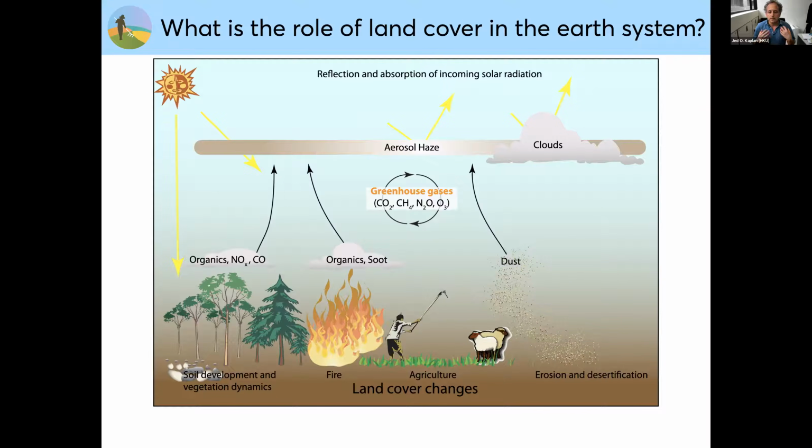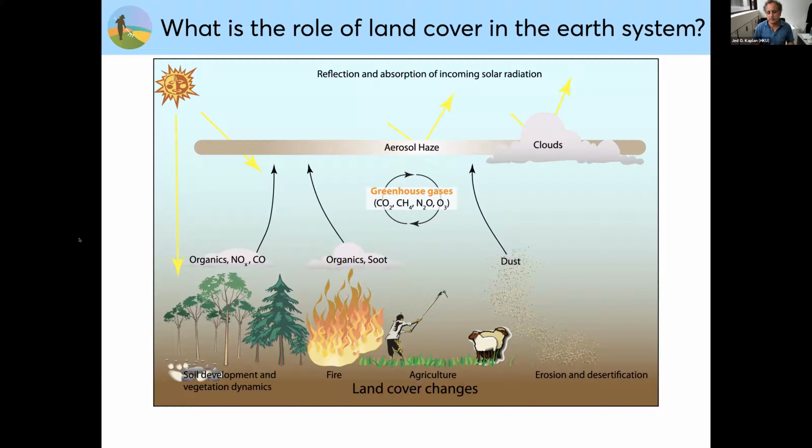Land cover by itself is a product of climate. It's a product of soil conditions, and it's a product of topography and a few other factors. Those different external drivers influence what the landscape looks like, whether it's covered by forest, or it's a desert, grassland, an ice sheet or a glacier, even a lake.